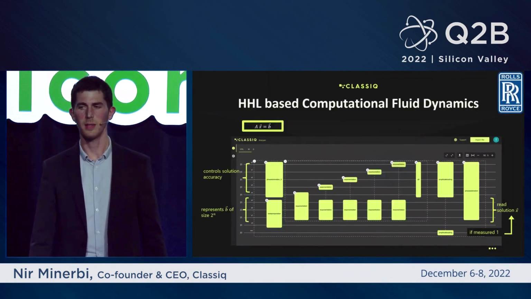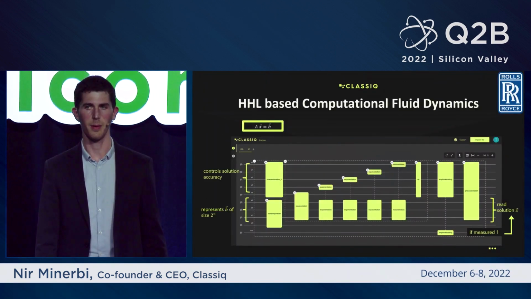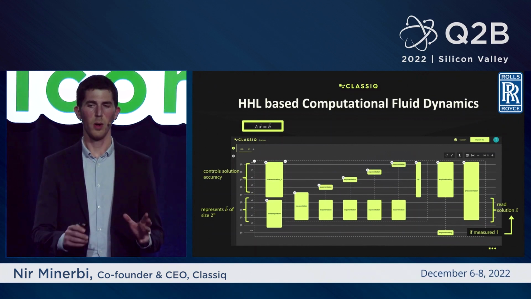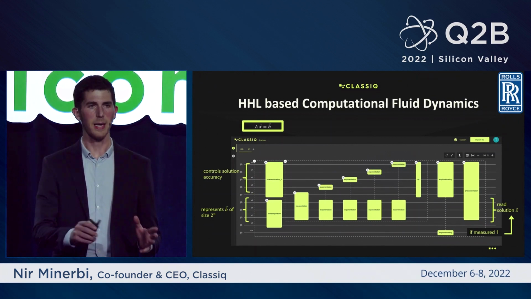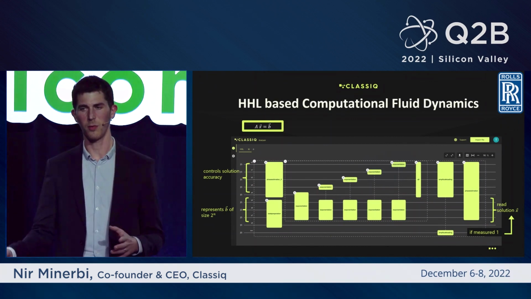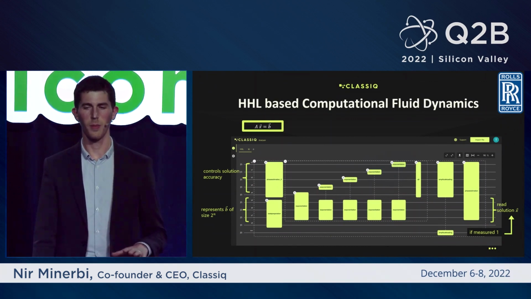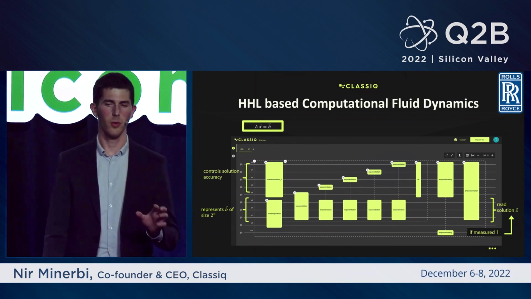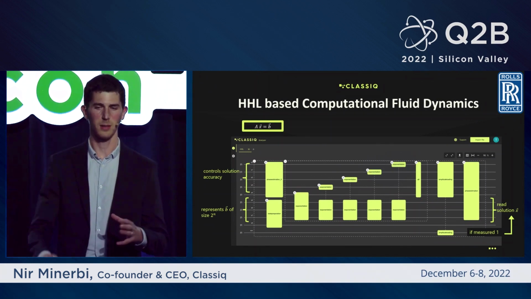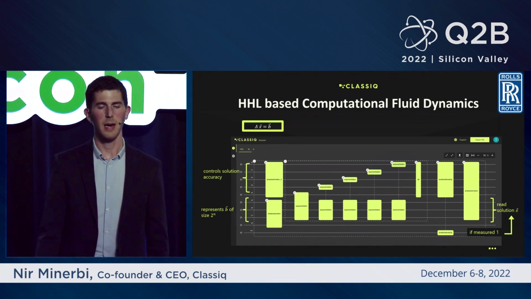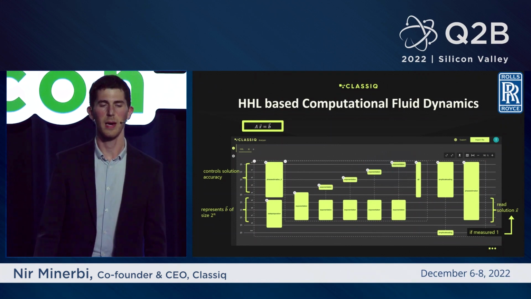So the first one is a really beautiful work done by the Rolls-Royce team, who modeled the HHL algorithm for computational fluid dynamics. This is a super complex algorithm with many non-trivial functions within it. So this is really impressive work by the Rolls-Royce team.